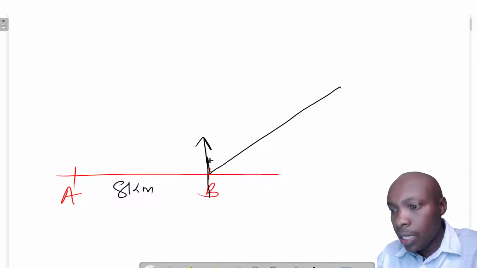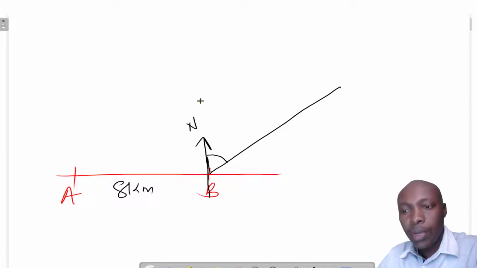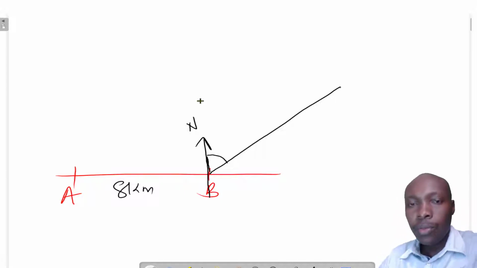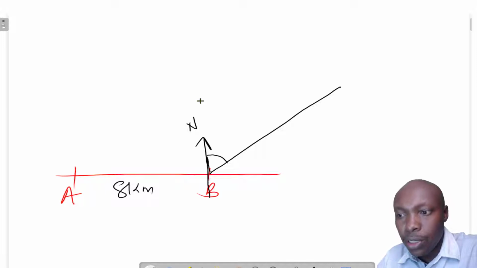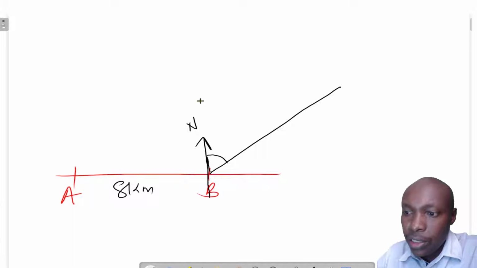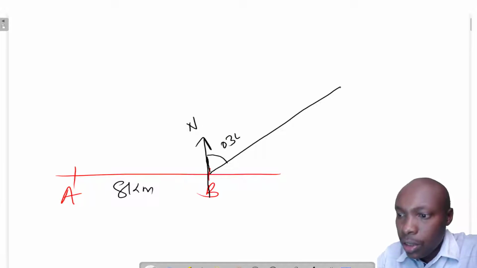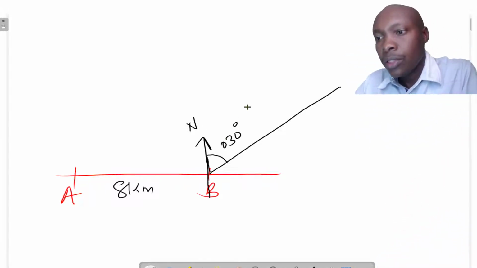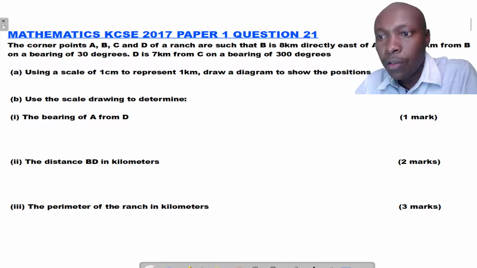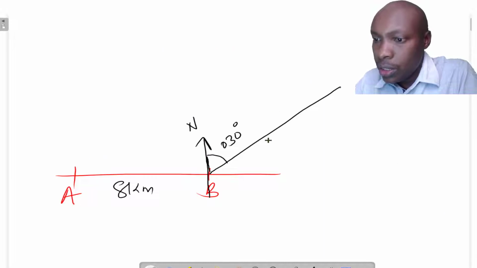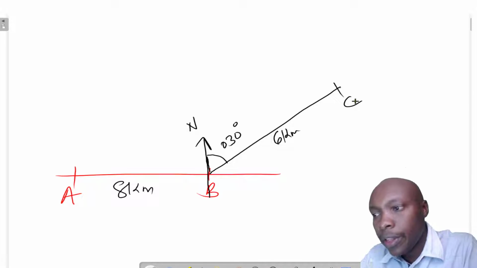Remember, true bearing is measured from the north in a clockwise direction. That is very important to note. All true bearings are measured from the north clockwise. So in this case, this will be 30 degrees, and C may go there. C is 6 kilometers from B, and you assume that C is somewhere there.